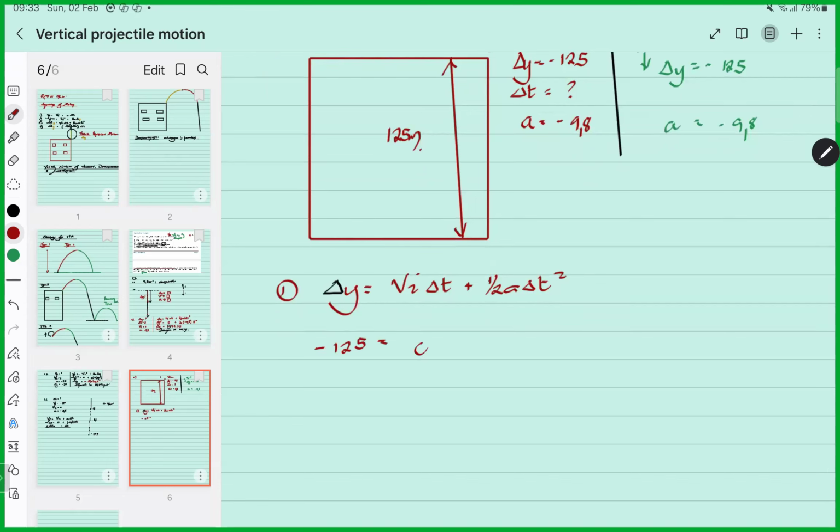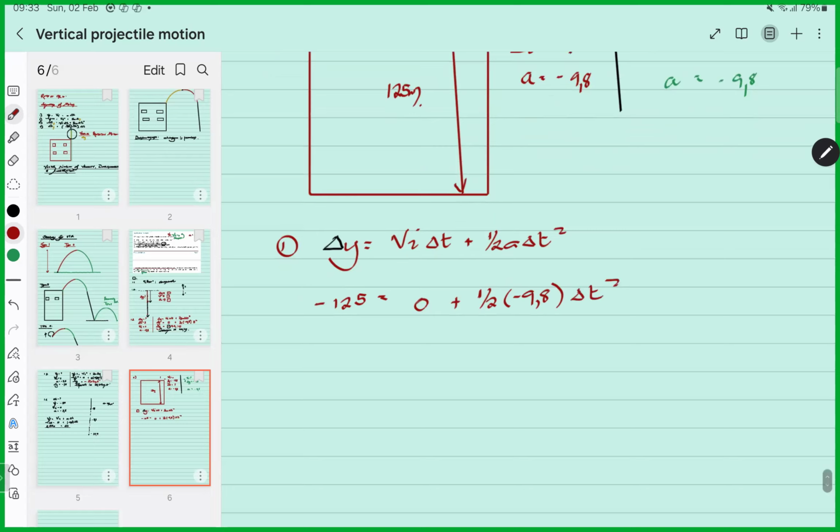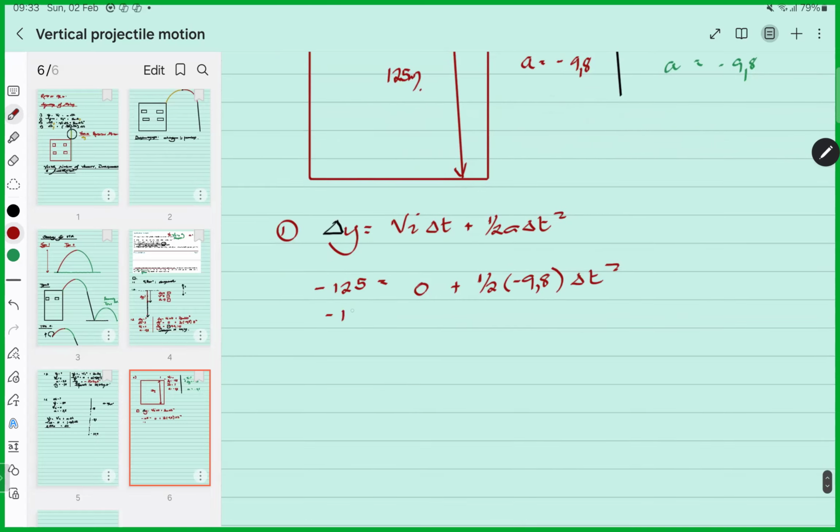Your initial velocity is 0. Half into minus 9.8 into delta t squared. That's minus 4.9. But can someone do this for me? Divide by minus 4.9 and square root it.